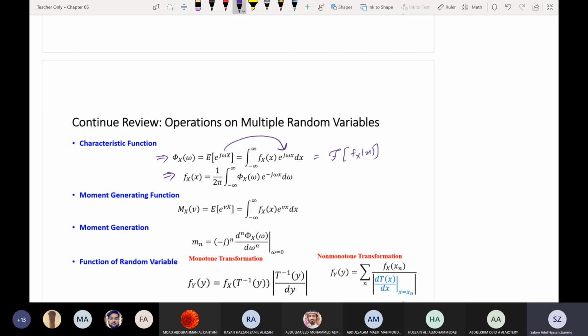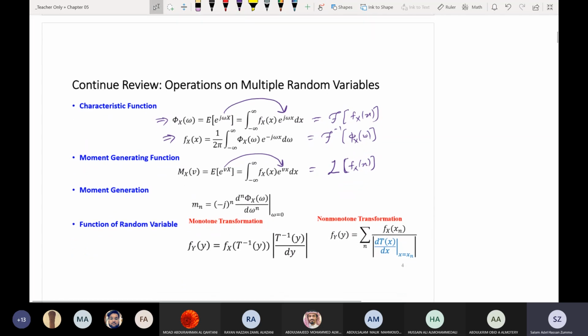While the inverse Fourier transform will give you basically the PDF back. While the moment generating function is the Laplace transform of the PDF. Very similar to the Fourier transform, except there is no j here. So basically we don't take the complex exponential, we take the exponential only.